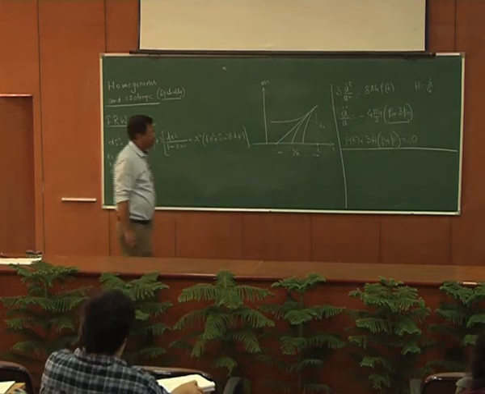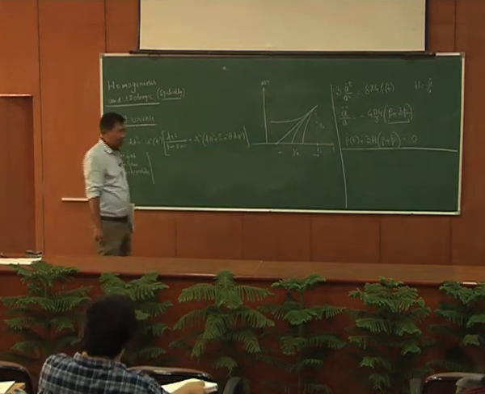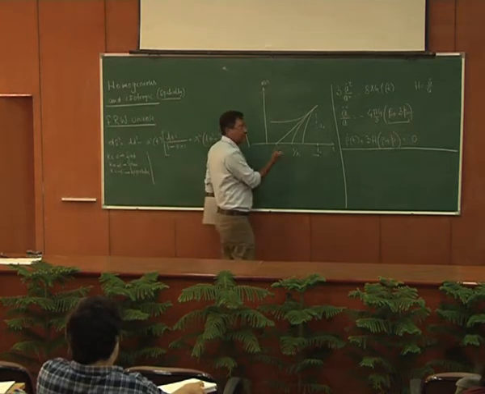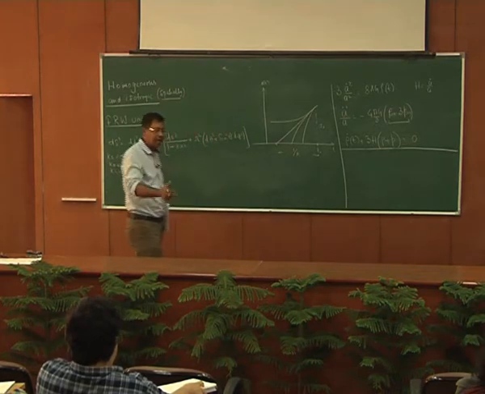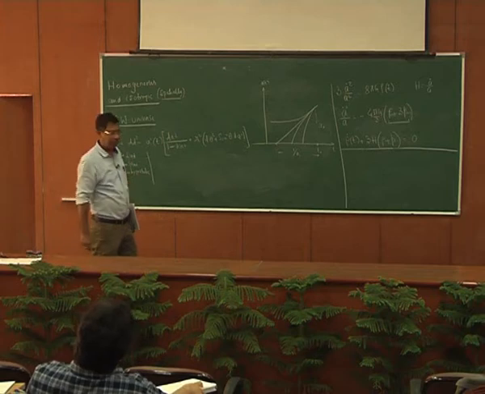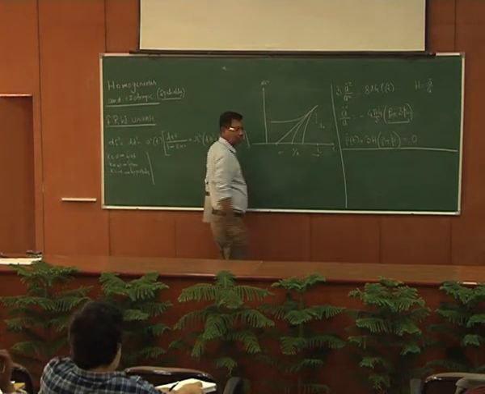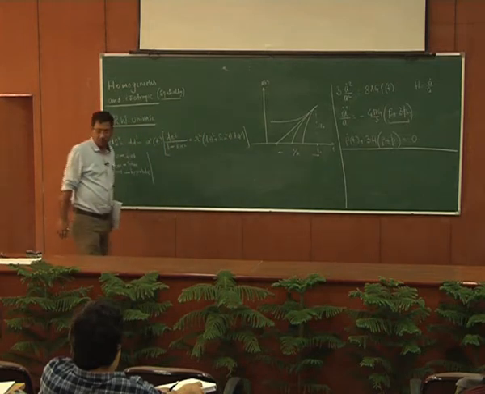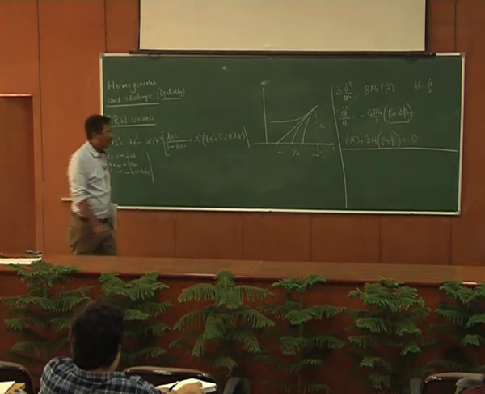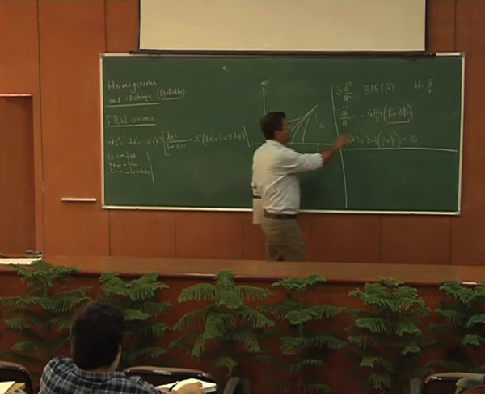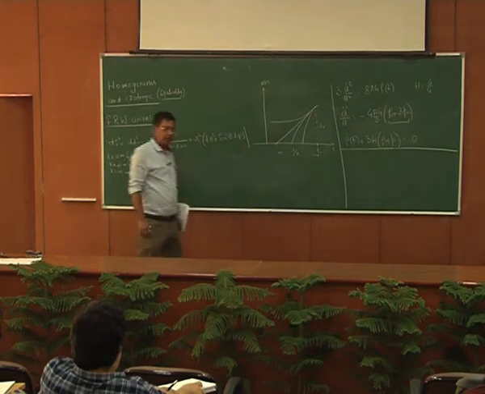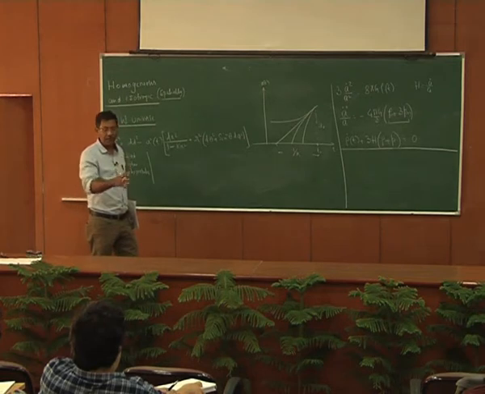So this says that with normal matter, the scale factor goes to 0 at a finite time in the past. The maximum finite time can be 1 by H naught, or it can be less than 1 by H naught. So with normal matter, at some point the scale factor goes to 0, at finite time in the past.